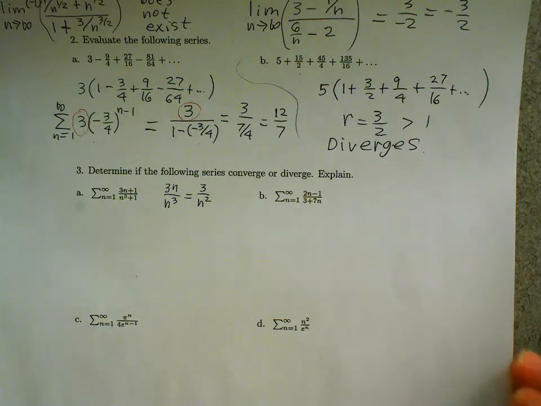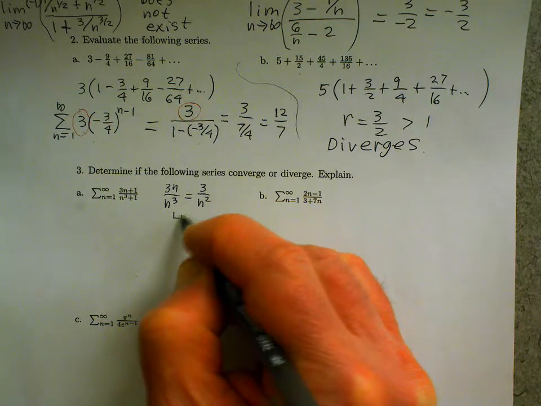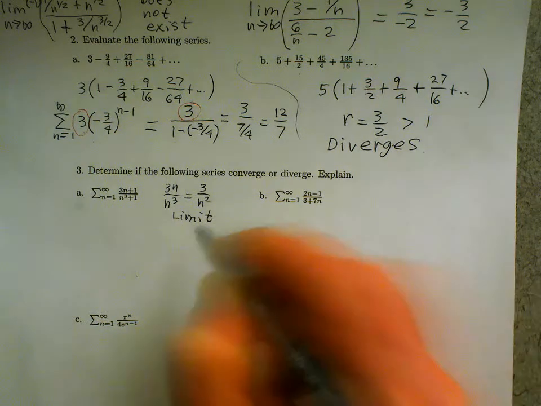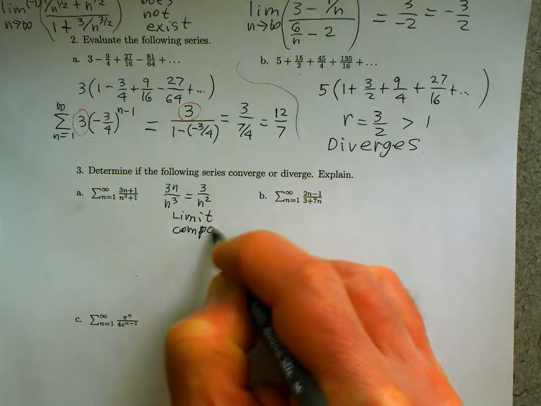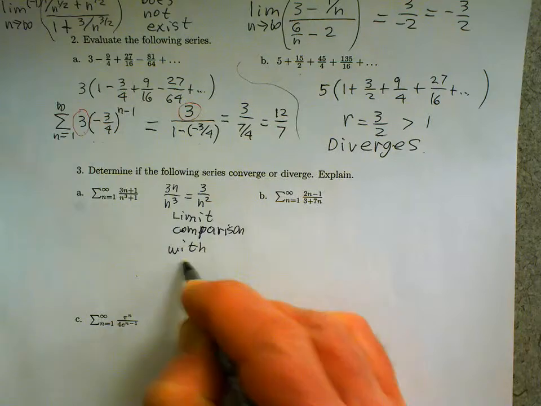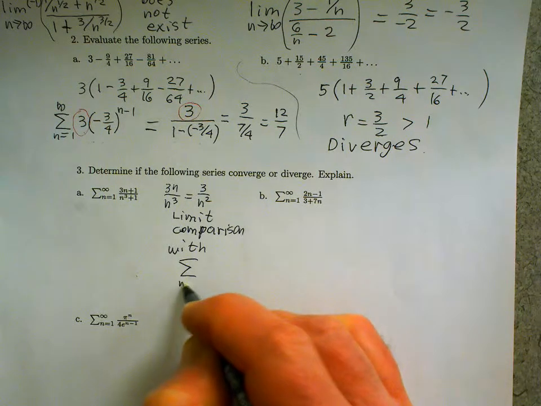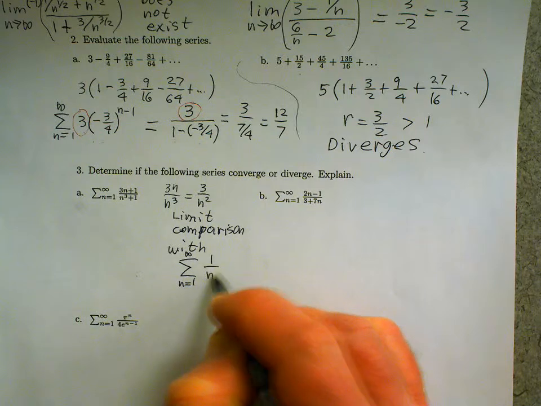So I'm just going to use the limit comparison with the series where the terms are just 1 over n to the second.